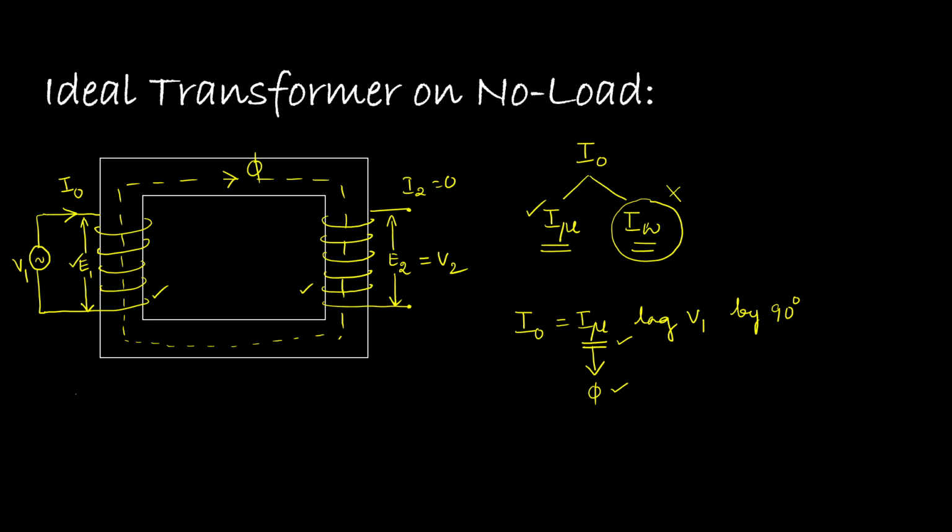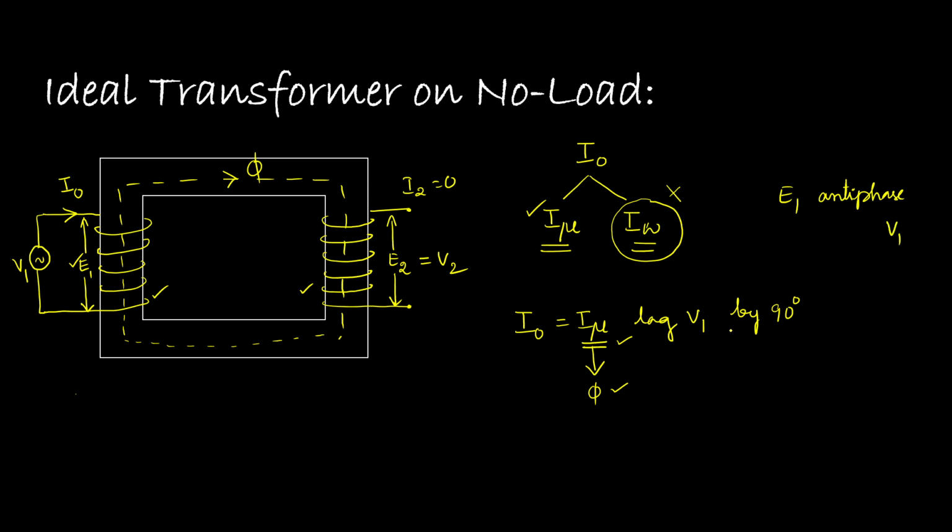Next, because of this flux, an EMF gets induced in the primary winding, that is called E1. Here we need to underline one law called Lenz's law. According to Lenz's law, this EMF will oppose the cause. Here the cause is nothing but the supply voltage.